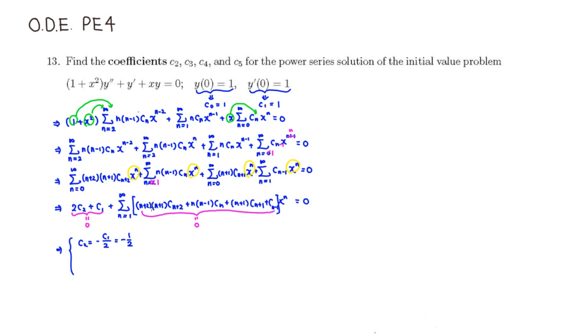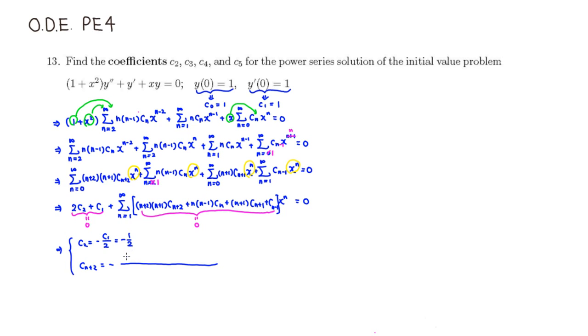And then if you solve this for c_(n+2), I have to put these 3 terms on the other side, so it becomes negative.